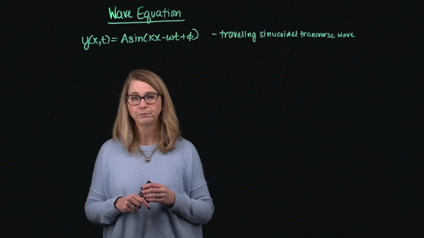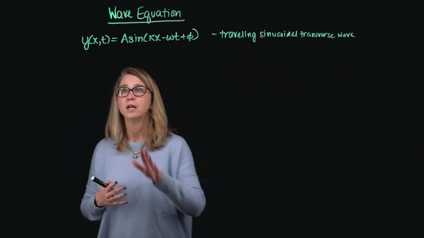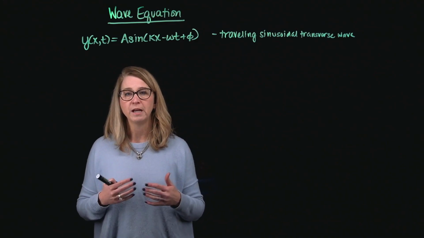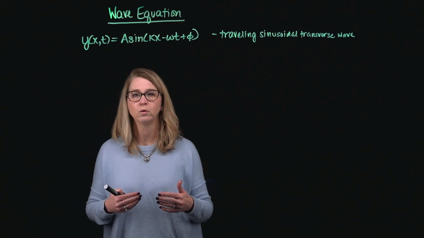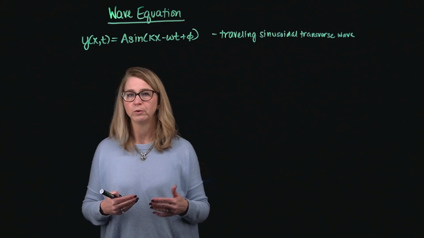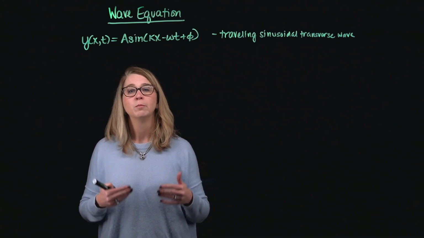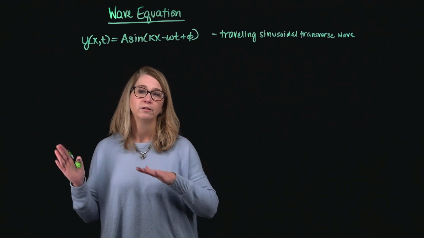Also, let's just remind ourselves that when we describe the wave, it depends on two different variables. It depends on position, so what the wave will look like depends on what location you're focused on, but it also depends on time because it's a moving disturbance.